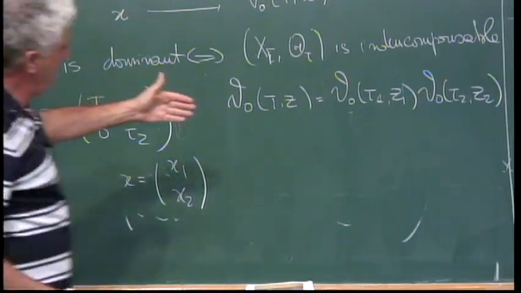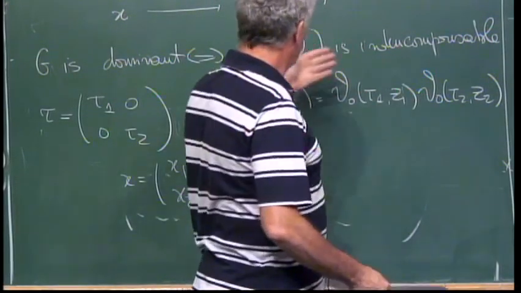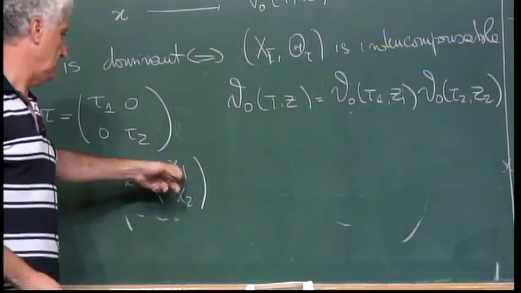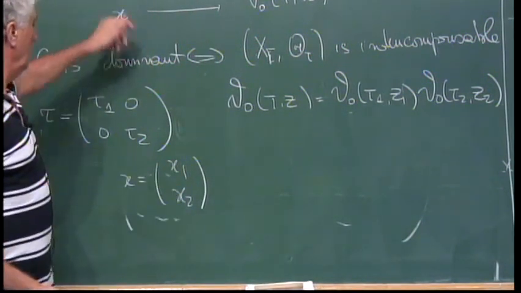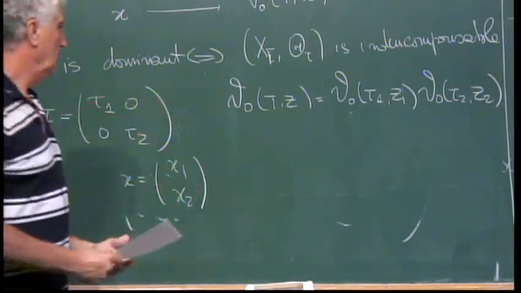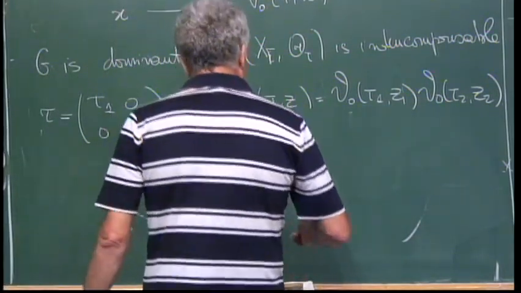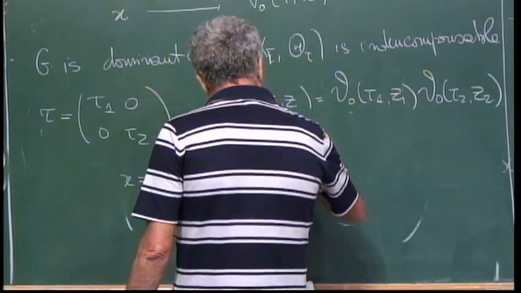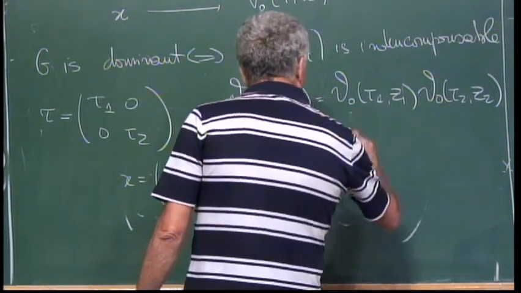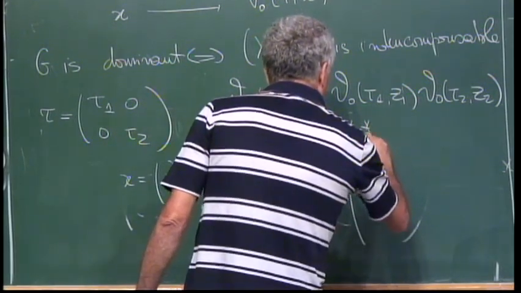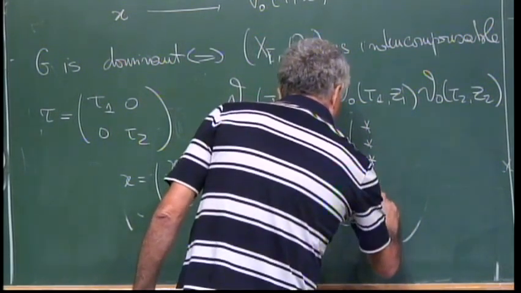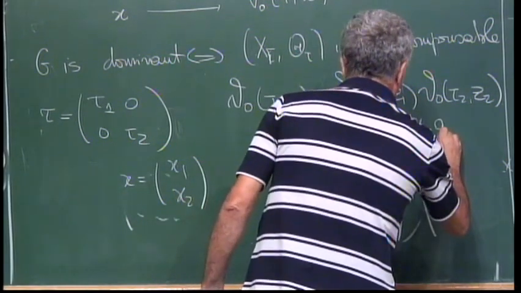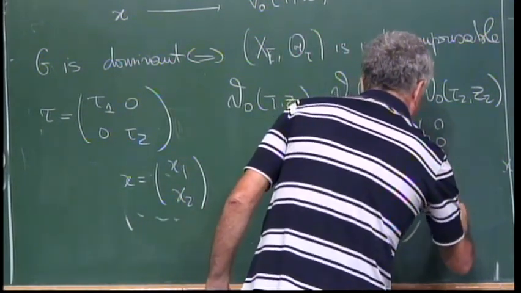If you take this function, consider the derivative and evaluate at x_1, x_2, it depends on which one is in the theta 1 or theta 2 block. Essentially the map nu of tau over x is a vector like this, star, star, star, 0, 0, 0, or a vector like this, 0, 0, 0, star, star, star.